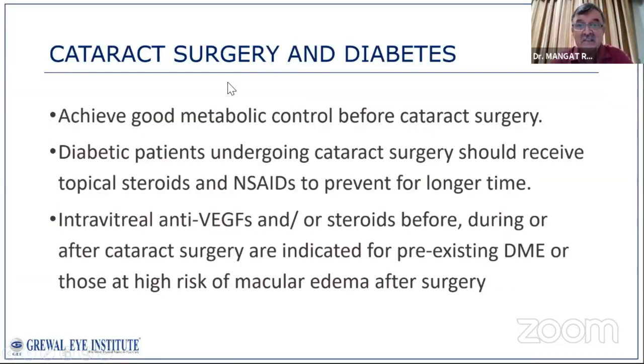So in cataract surgery and DME, achieve a good metabolic control. Don't rush with the surgery. And diabetic patients undergoing cataract surgery should have a topical steroid and NSAID treatment for a longer time. Don't tell your surgeon, they should know it. They don't want to use these days. They feel pride, I stopped my drops. That is a problem. So they have trivialized the phaco.